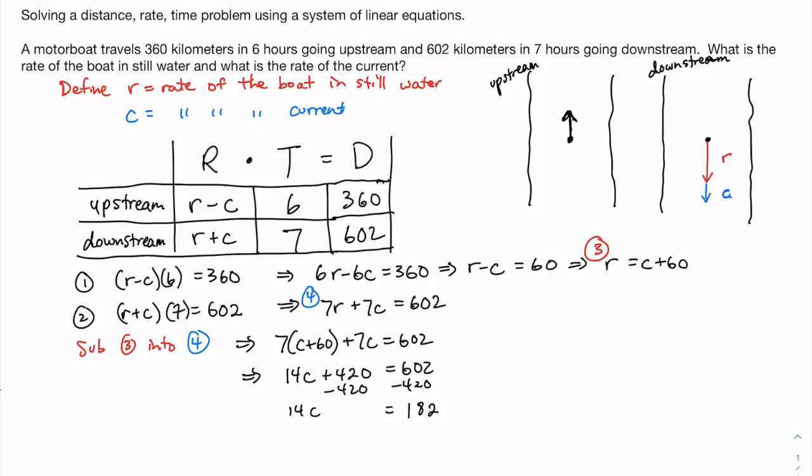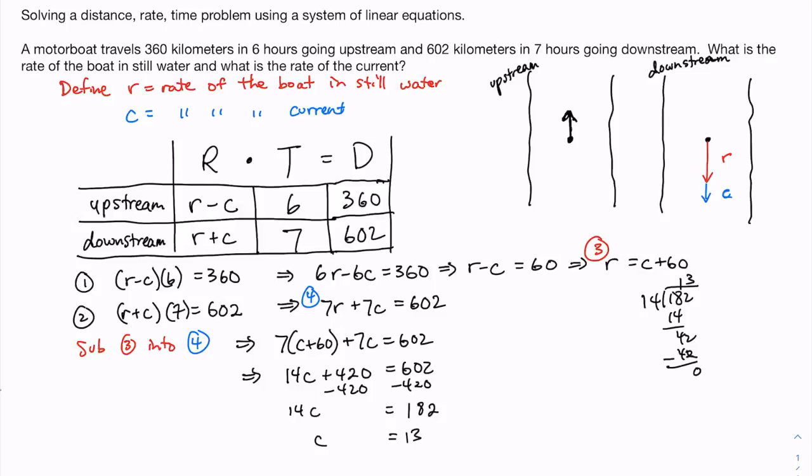Do some long division, not a problem. Once, 4, 2, 3, 42 here. Remainder 0. So c is equal to 13. 13 kilometers per hour.